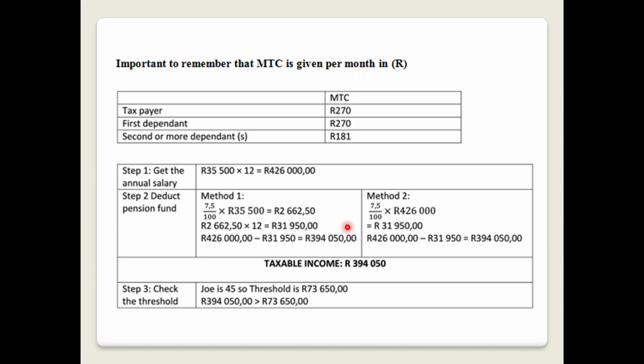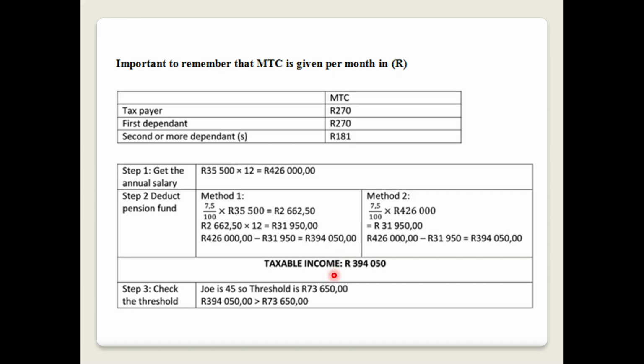But remember, we want to make this amount that's going to go to the tax tables as small as possible. So if you belong to a pension fund, you are allowed to get some tax relief. So we can deduct 31,950. Then we get 394,050 Rand. That is called taxable income.